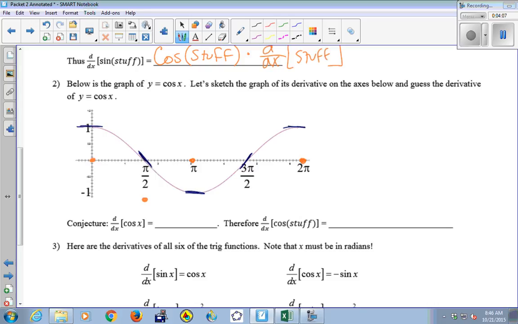And then at 3 pi over 2, that little tangent line I drew looks like it has a slope of +1. So at 3 pi over 2, I plot 1 for the derivative. And then I'm going to connect these with a nice smooth curve. And what trig function does that look like? It's a negative sine. It looks like, yeah.